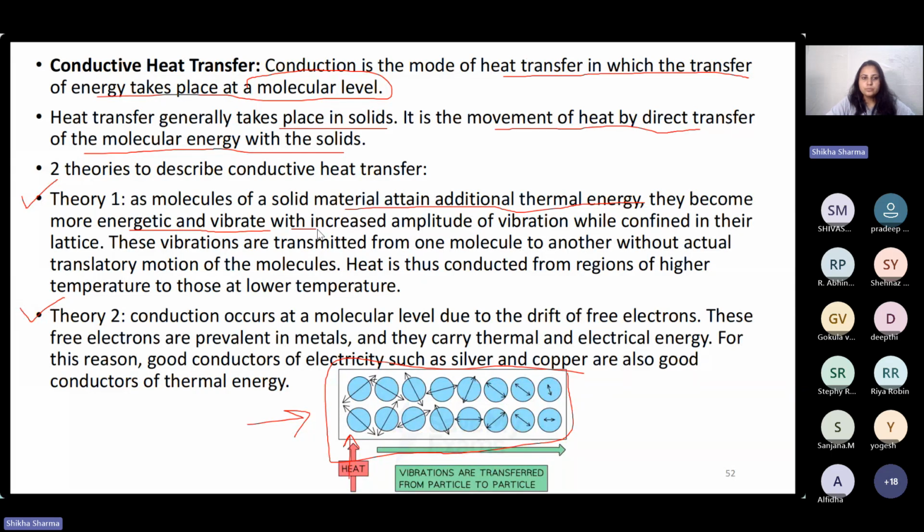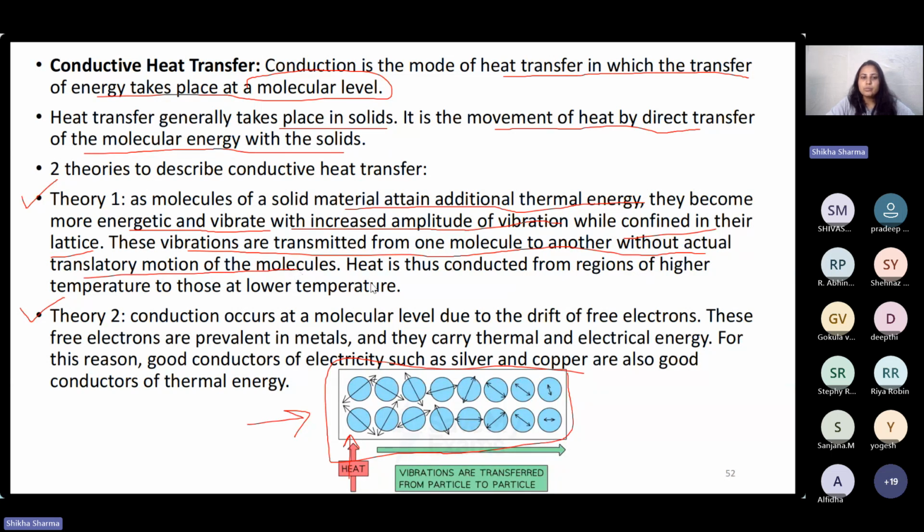They vibrate with increased amplitude while confined in their lattice. They stay at their original place, but vibrate and transfer the vibration and energy to another molecule. These vibrations are transmitted from one molecule to another without actual translatory motion of the molecules.